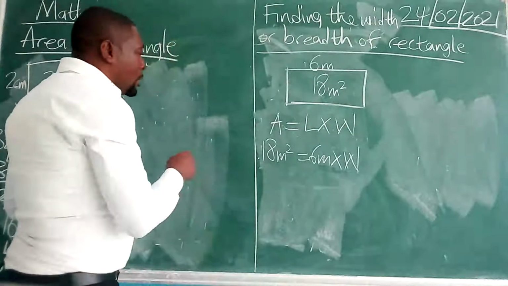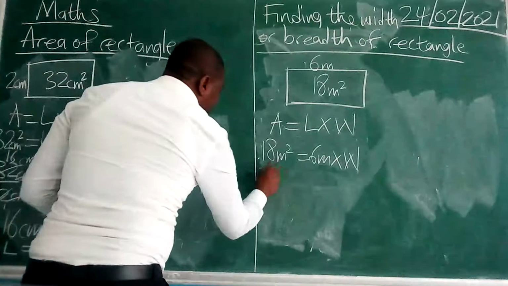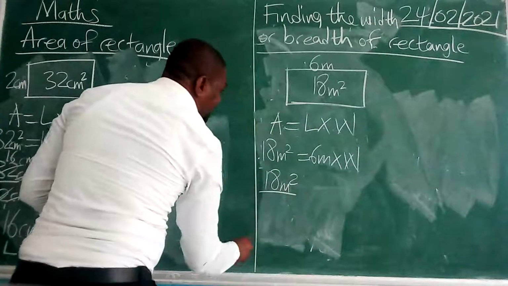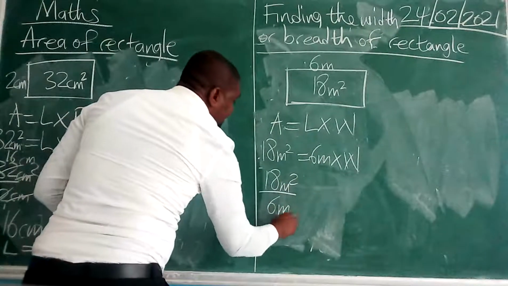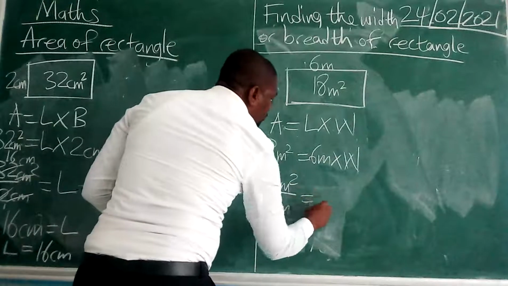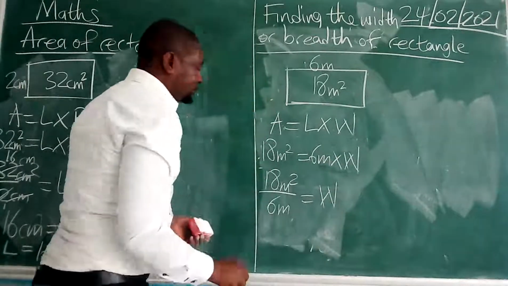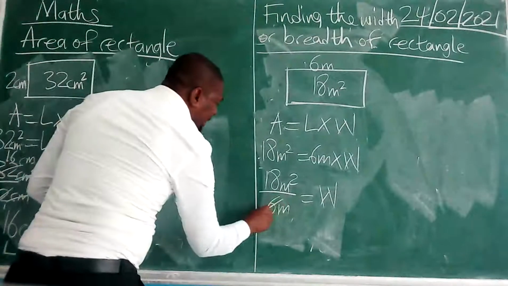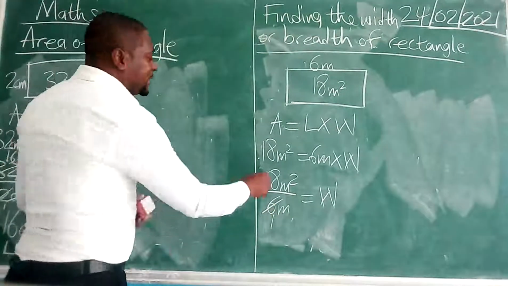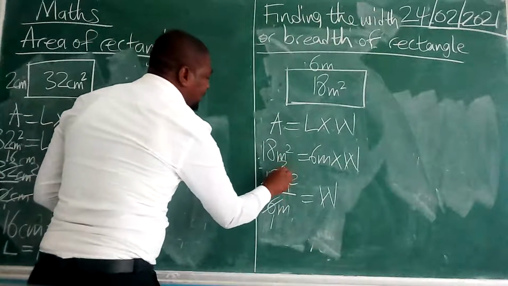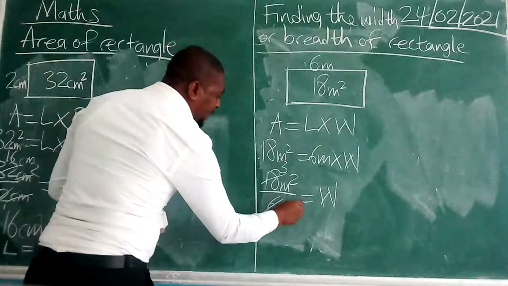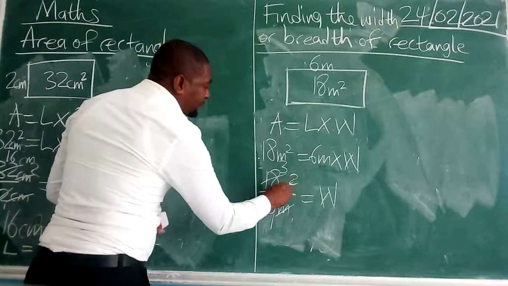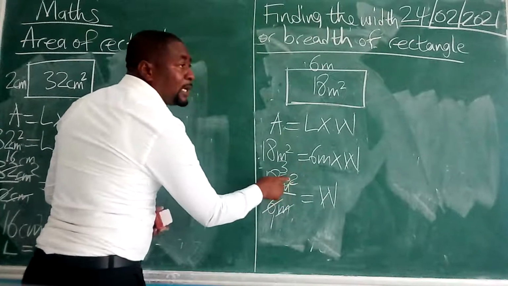So here we write 18 meters square over 6 meters equals width. Now, 6 goes into 18 three times. And the m here cancels the m there.